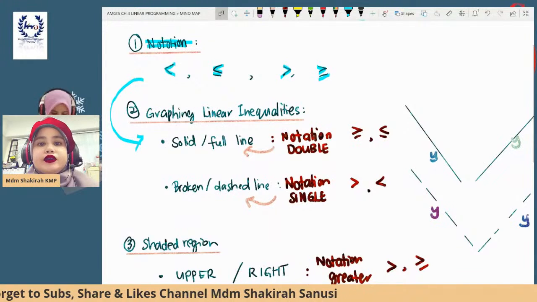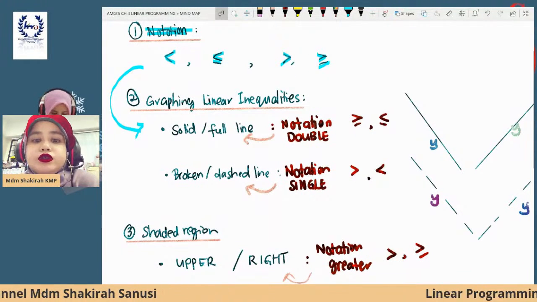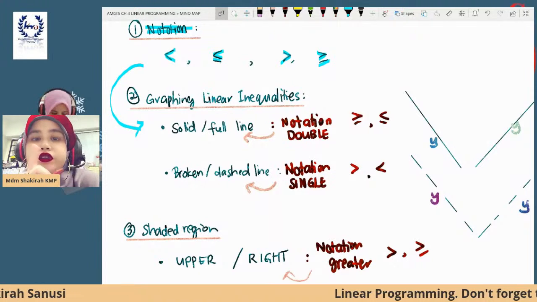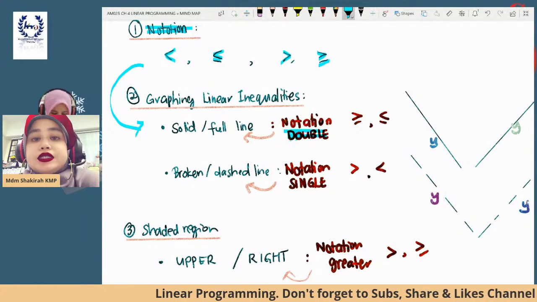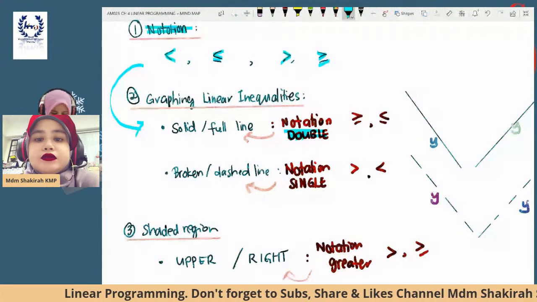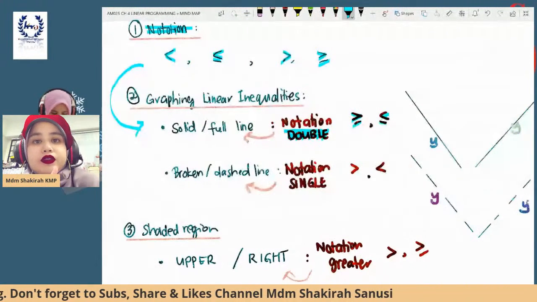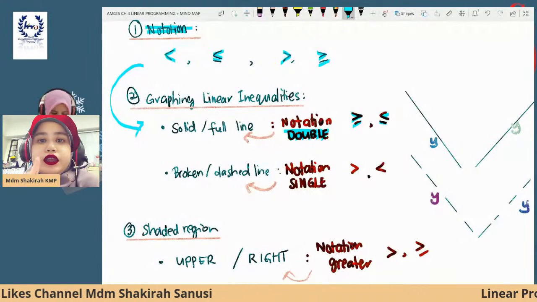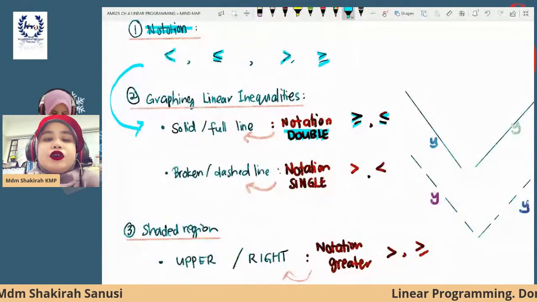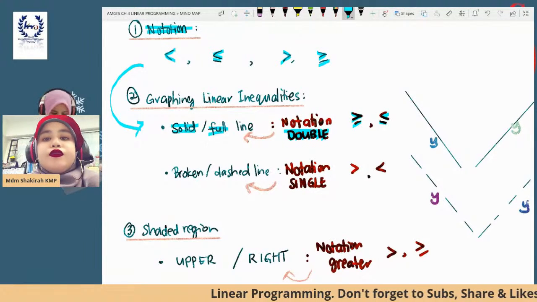Why did Miriam say it is very important? Because of the notation, look at the red color here. When your notation is double, that means greater or equal, less or equal, so when it involves or equal, your graph must be in the form of a solid or full line.